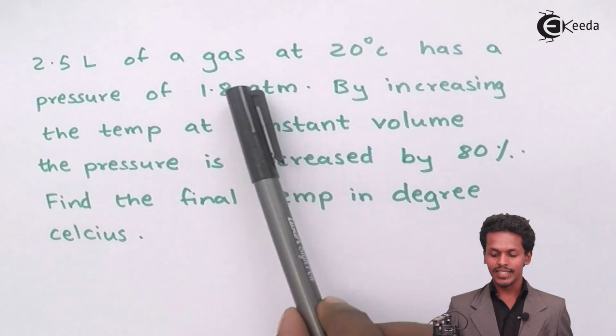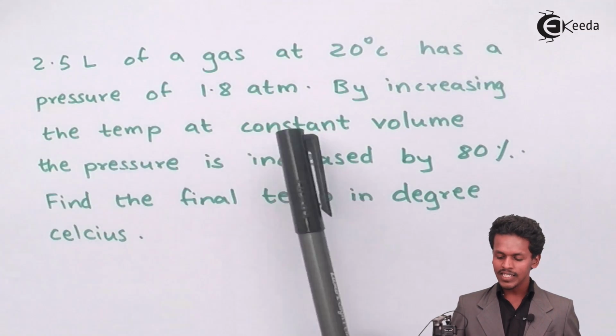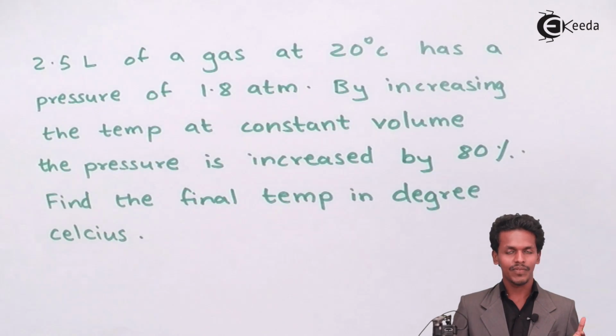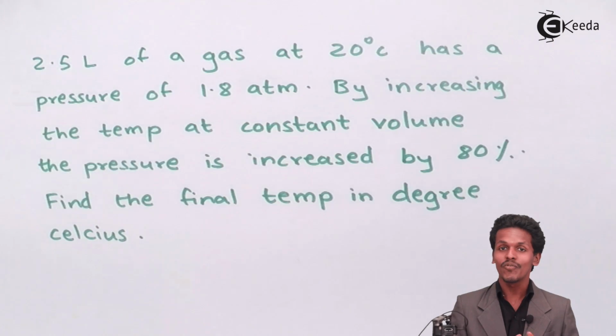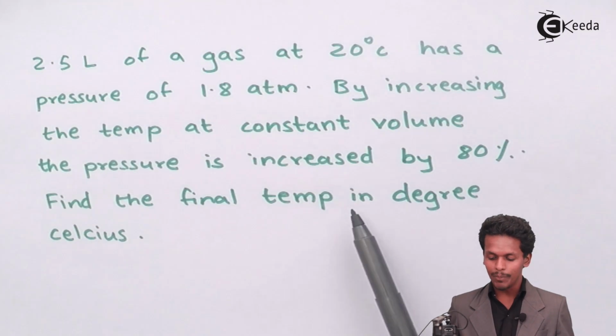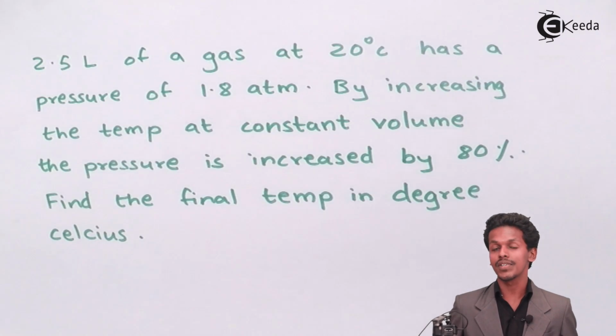Since the volume has been kept constant, this 2.5 liter value will not have much influence in solving the problem, but it has a concern about the particular experiment. We have to calculate the final temperature if the pressure is increased by 80%.